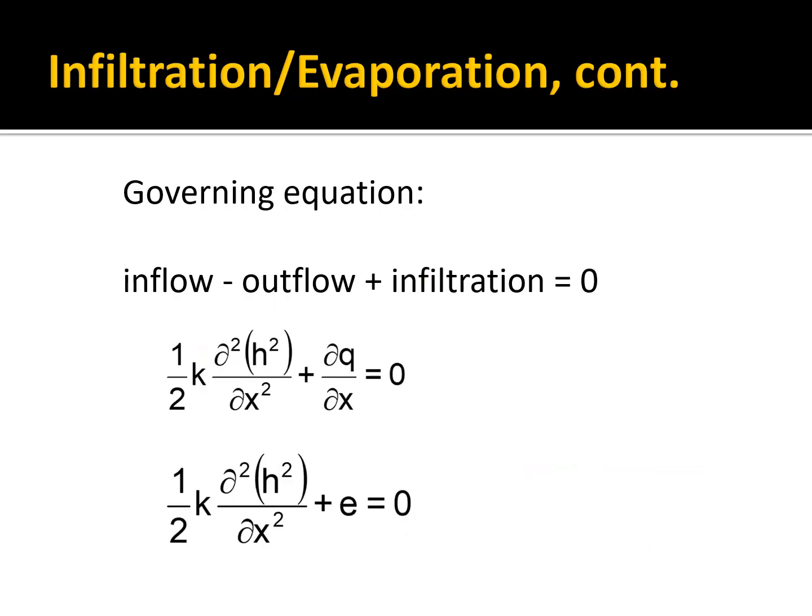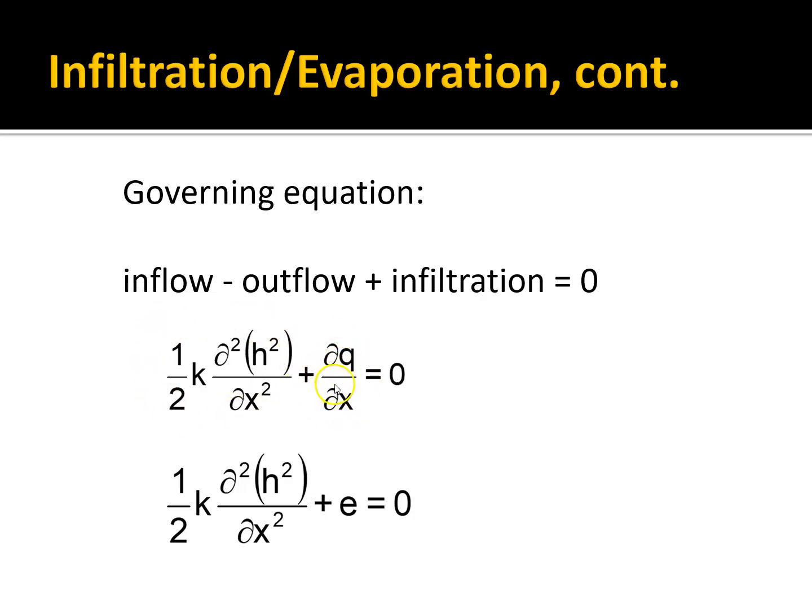And so if we go back to our governing equation, we say the inflow minus the outflow plus infiltration equals 0. So this is after the conservation of mass, before we had this term.